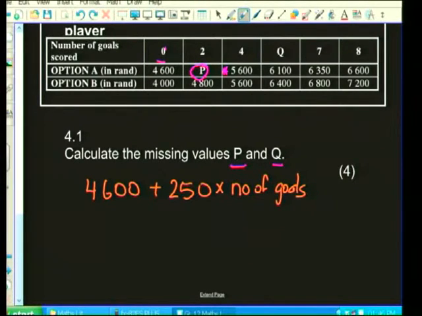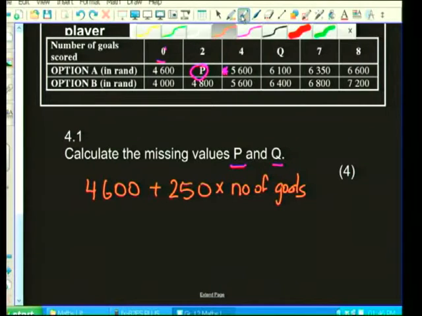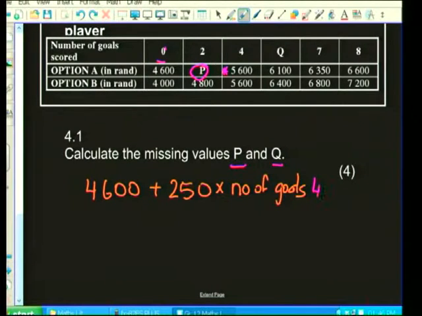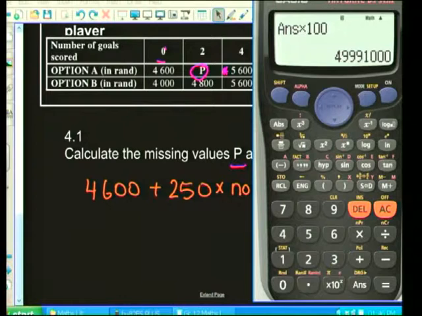So I'm going to substitute 4 into the first one and see if I get 5,600. On my calculator, I want to say 4,600 plus 250 times 4, and I get my 5,600. So clearly that's what I have to do.